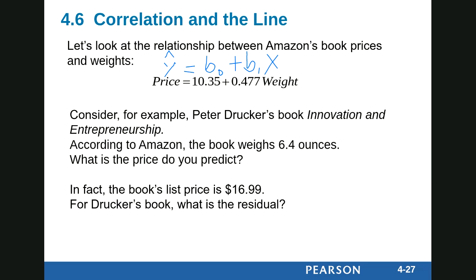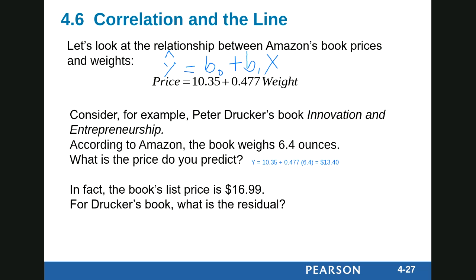13.40 is what Shubham says. Okay, so let's go with that, 13.40. That's what I predicted using my linear model. Now it tells me that, in fact, the book's list price is $16.99. So for Drucker's book, what is the residual?